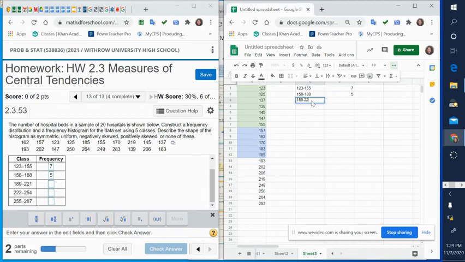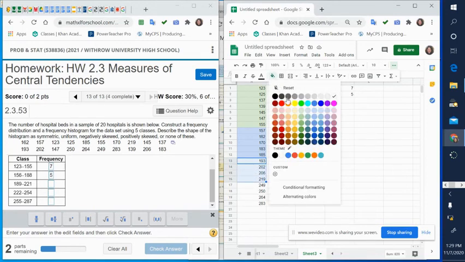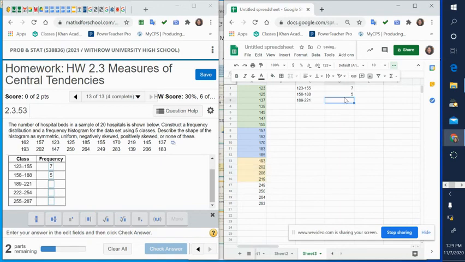189 to 221. There we go. That's 1, 2, 3, 4 of them, I believe. 220. So this could be a 4. 222 to 254.